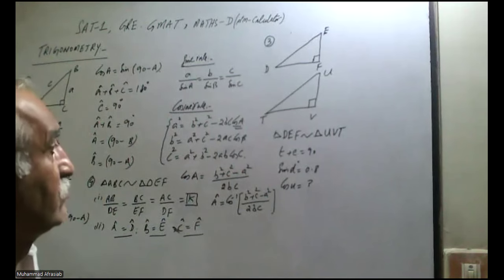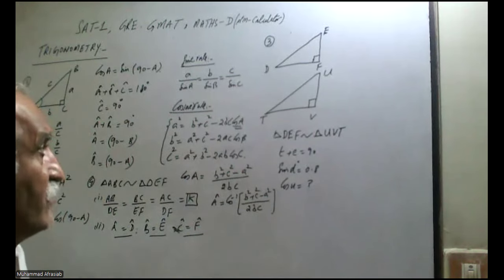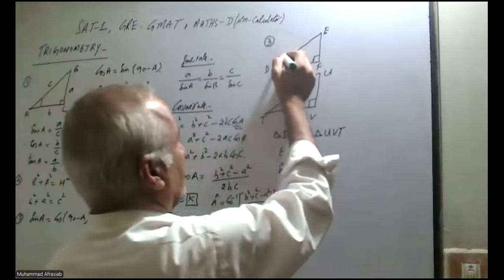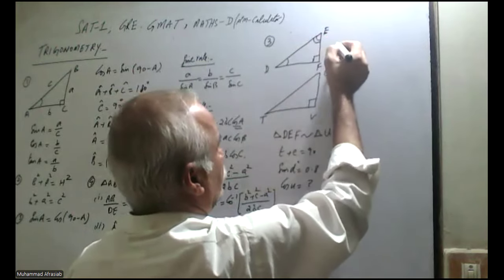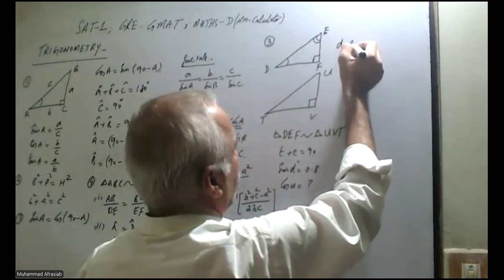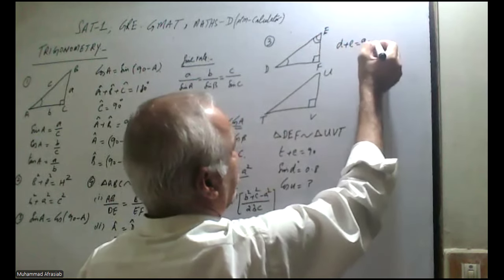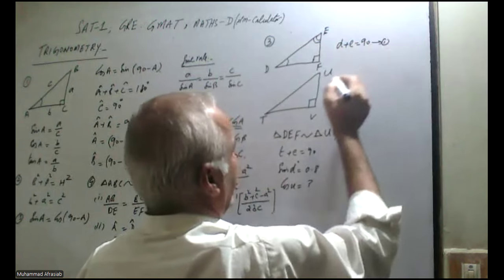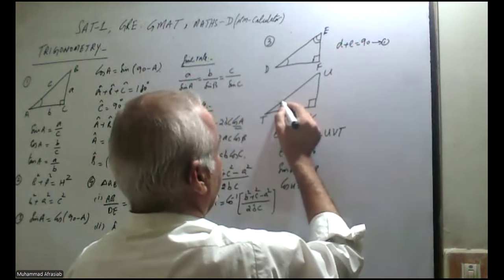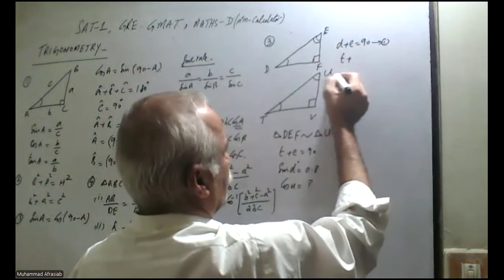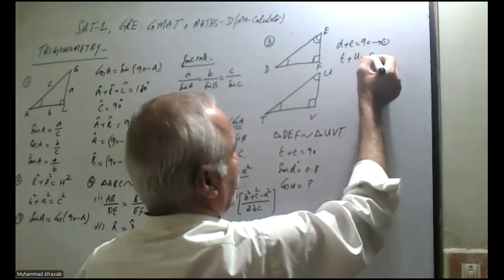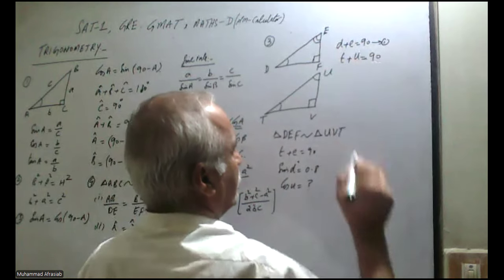So these are the information. Now we can find out that this angle D plus this angle E is equal to 90 degrees. And this angle T plus this angle U is also equal to 90 degrees.